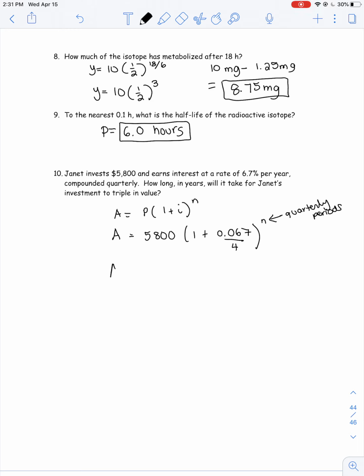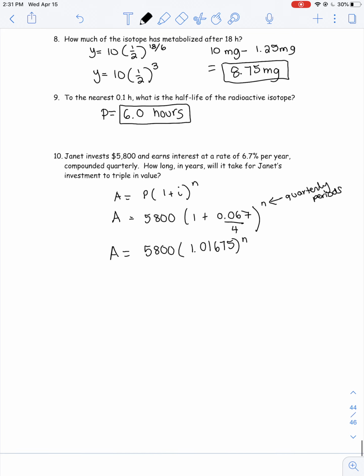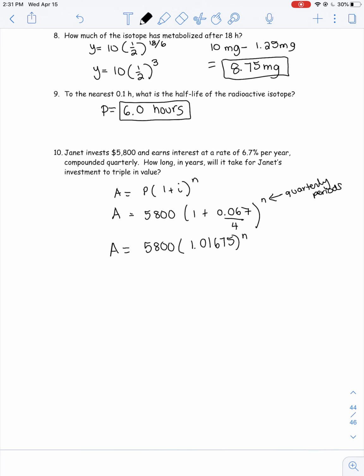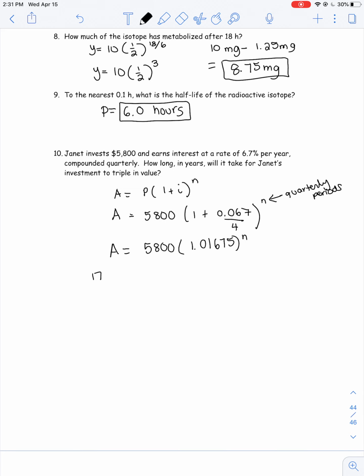So we get that our inside here is going to be 1.01675 to the power of n. Okay, and now the tripling value would be if you took $5,800 and multiplied it by 3. So the tripled value, the A, would have been 17,400.